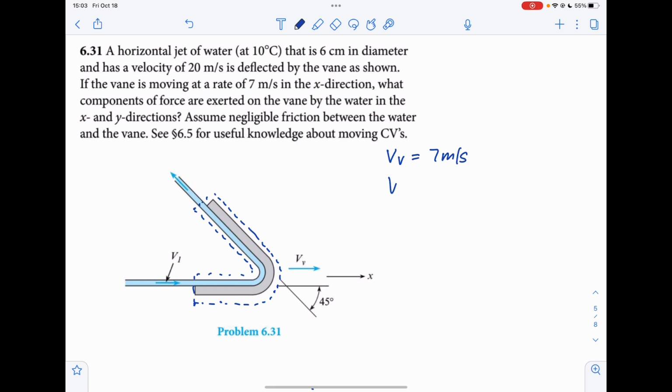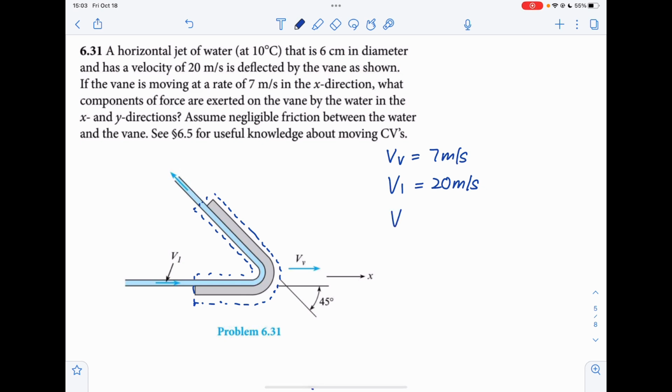The V1 is equal to 20 meters per second, which is the incoming jet. For this kind of problem, we need to use relative velocity to solve the momentum equation instead of using the absolute velocity, which is 20 meters per second.